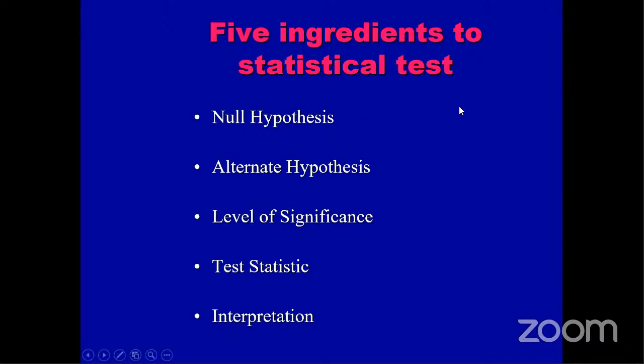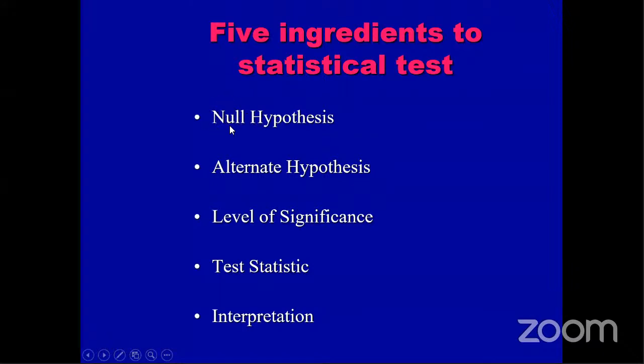Right. That means null means you can say it is 0, means there is nothing. So when you are framing a hypothesis, what we are assuming here is there is no difference, there is no influence, there is no relation between the average relationships.